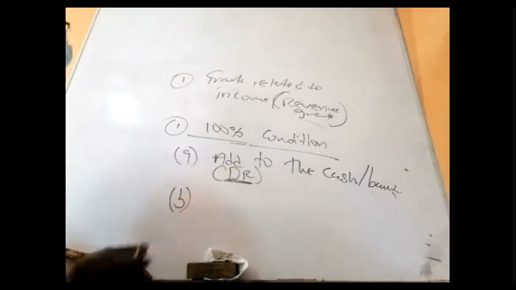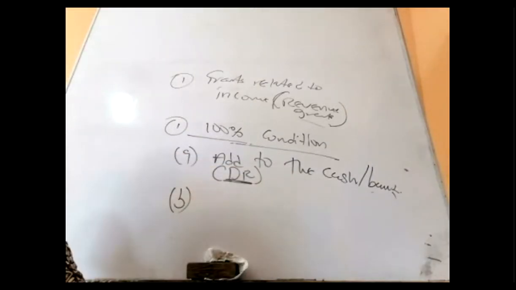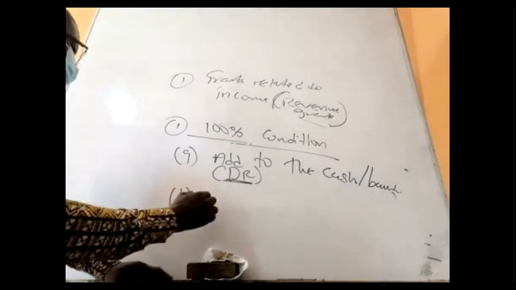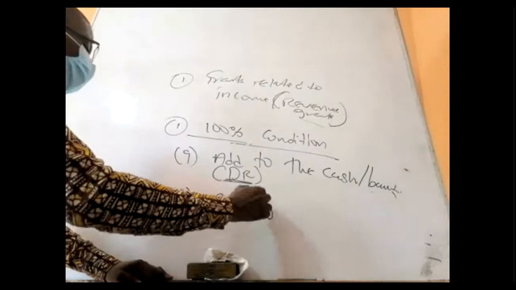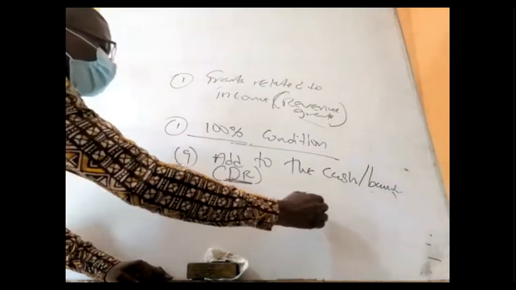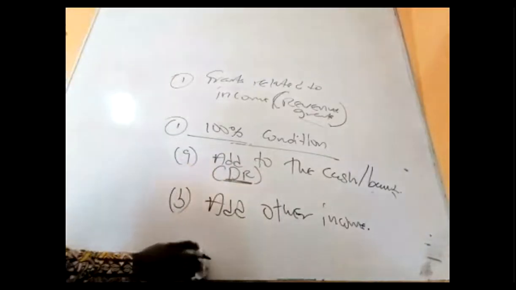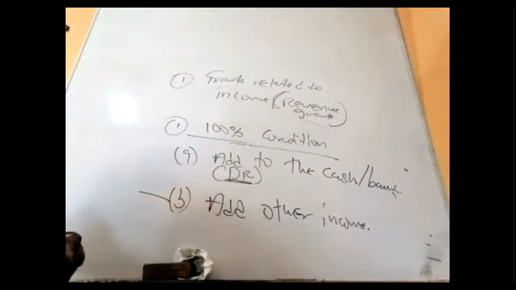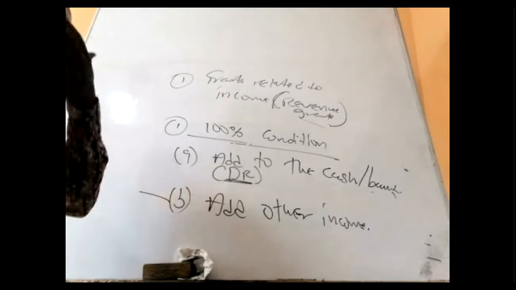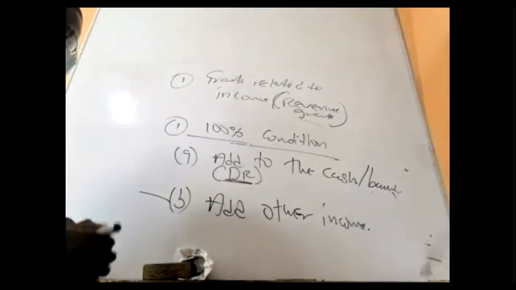Good. Now let's go to the second treatment. And then you add it to your other income. That's the presentation. In fact, IAS 20 gives two presentations.